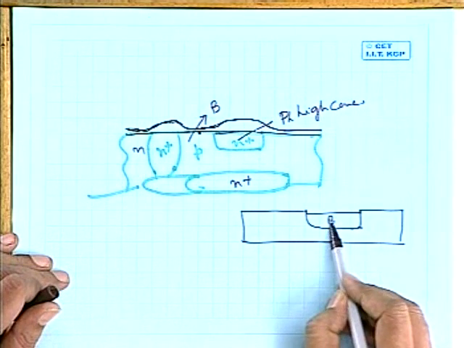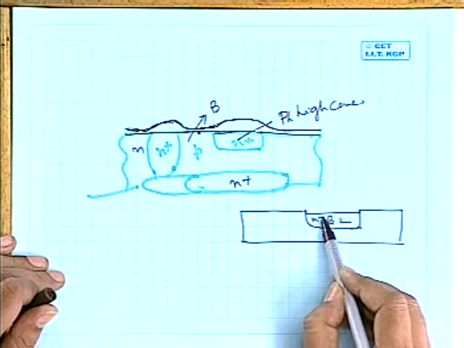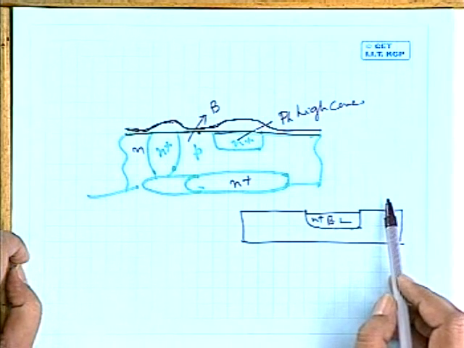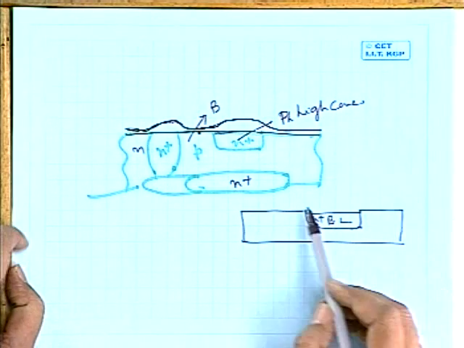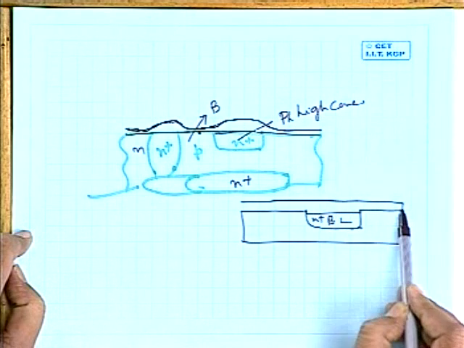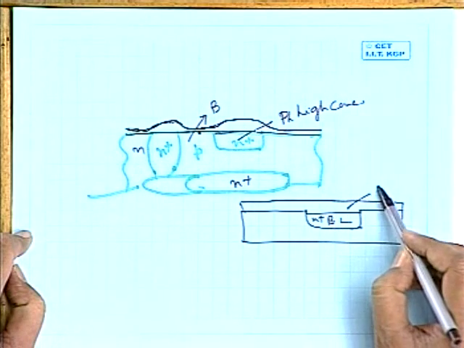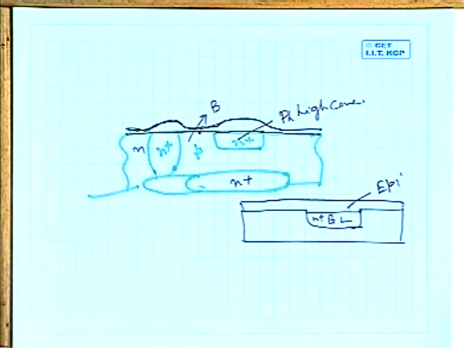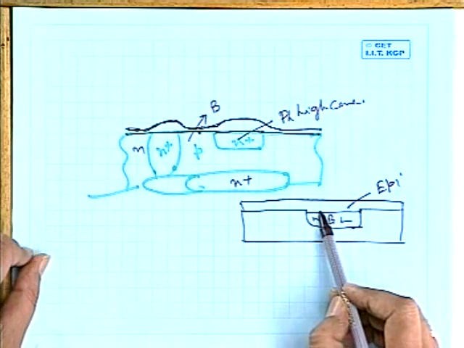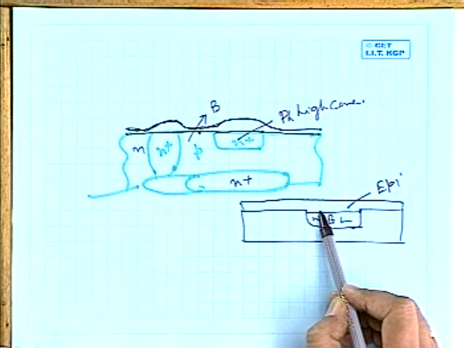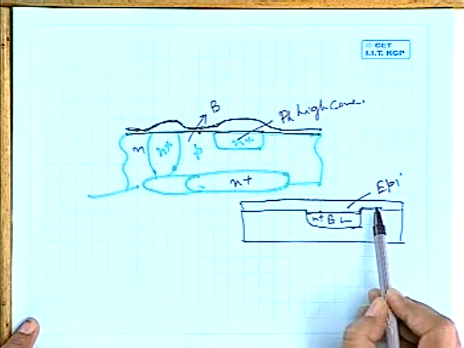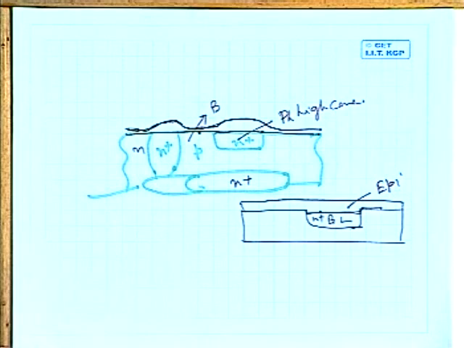This is a buried layer, this is the N plus region, and in this N plus region the oxide thickness is more. Then after that you are going to grow the epitaxial layer. Before going for the epitaxial layer, all the oxides are removed. Since the oxide thickness was more here, it has already consumed more silicon. That means here you will find a small groove, and that small groove will help you in the further alignment process.